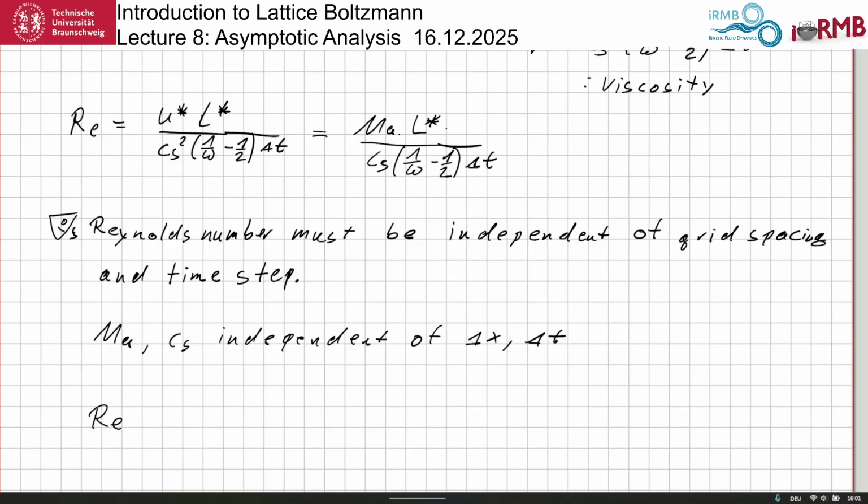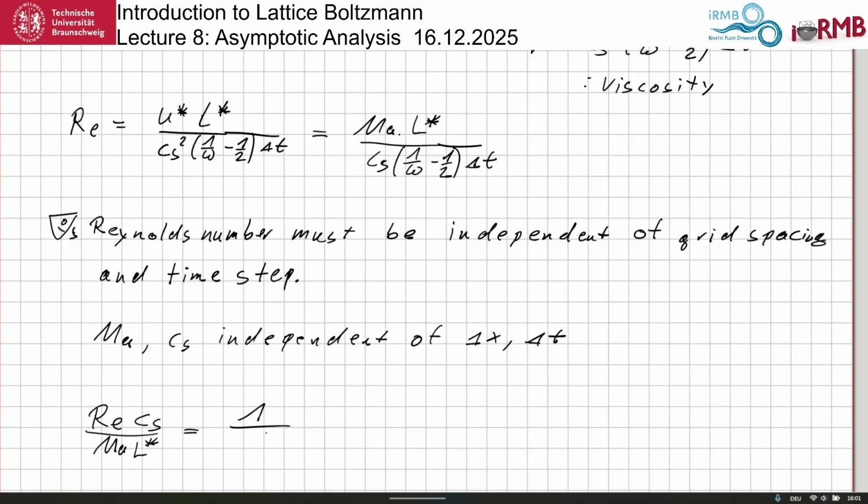So I rearrange this here a little bit. I'll put CS on the other side because it's also supposed to be a constant. I put the Mach number on the other side because it's supposed to be a constant, and I put L on the other side because it's supposed to be a constant.